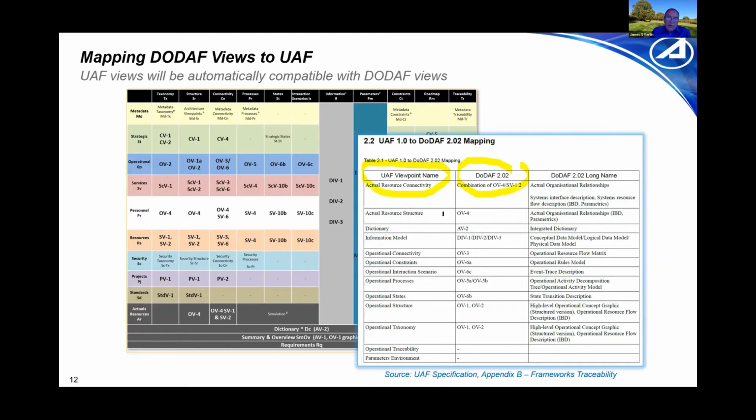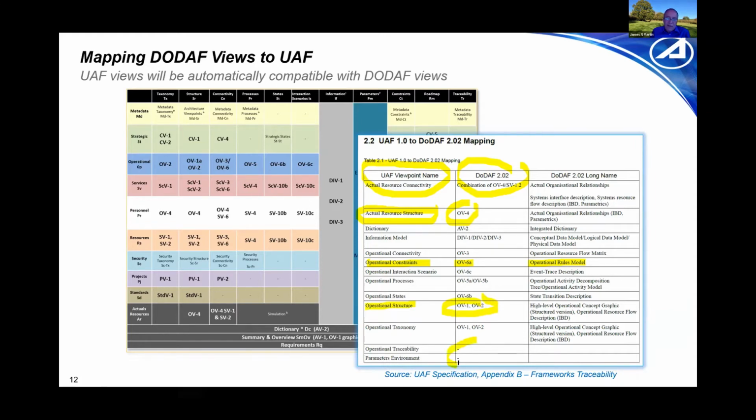So for example, an actual resources structure corresponds to an OV4 in DODAF. Operational constraints corresponds to, in DODAF, the OV6a, which was called an operational rules model. Operational structure is actually two kinds, OV1 and 2, within DODAF.